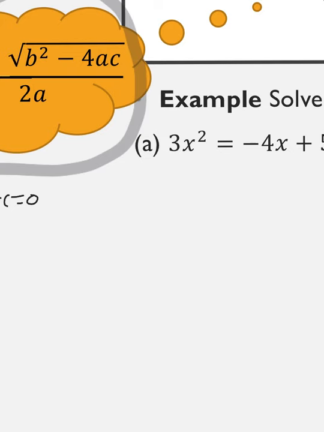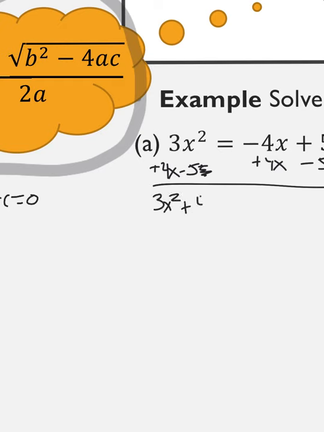In order to make this equal to 0, we'll have to add 4x and subtract 5 to both sides. Okay, so we'll have 3x squared plus 4x minus 5 equals 0. And it's important that we keep it in standard form so that we can identify a, b, and c in the next step.